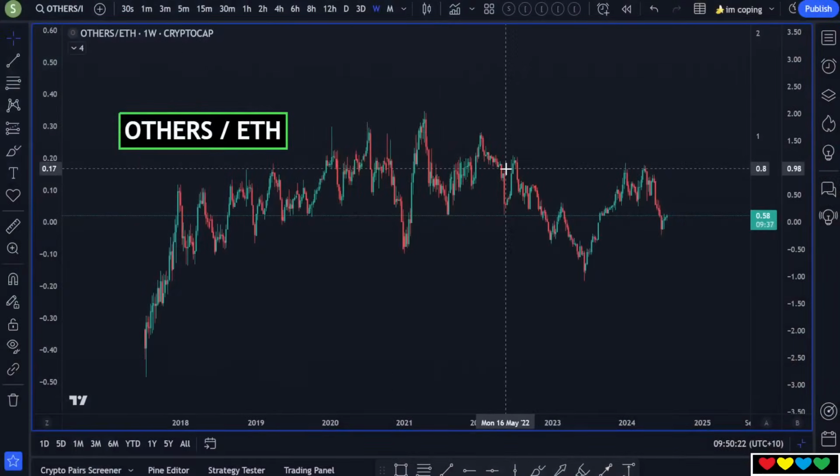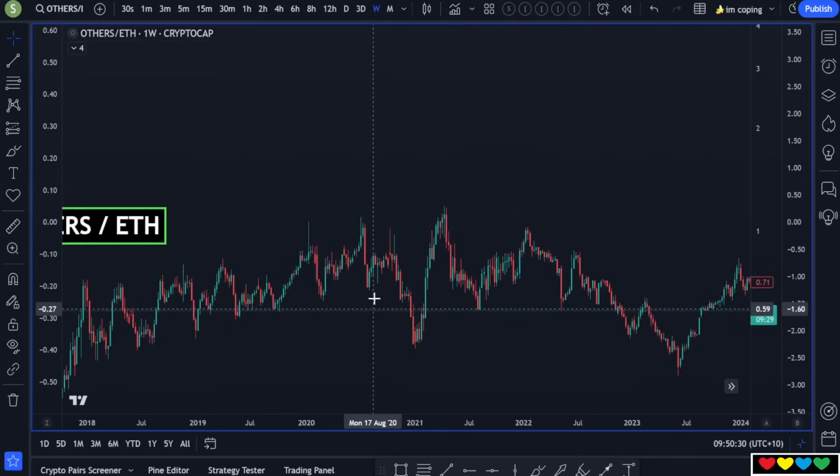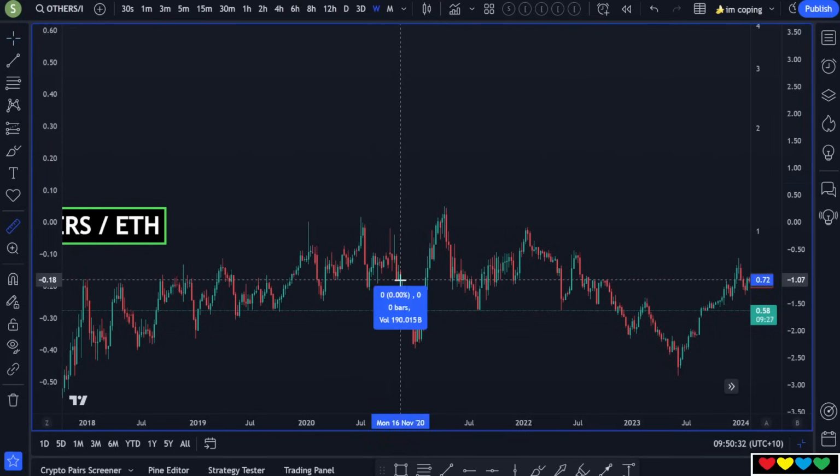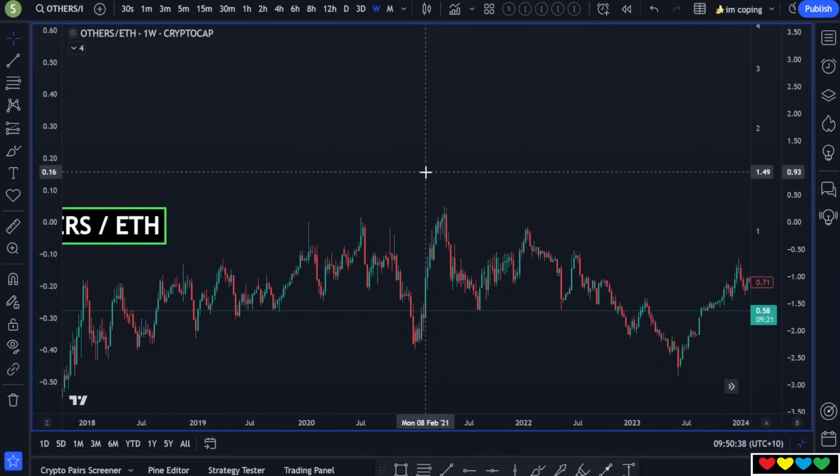Now, if you remember one of my videos, and I've left one of my charts up here, this is really important. It's the others-to-ETH ratio. So if you go back 4 years, friends, exactly to September 2020 around here, look at this. How much did the average altcoin beat Ethereum by at the top of the cycle? Only around 60%.